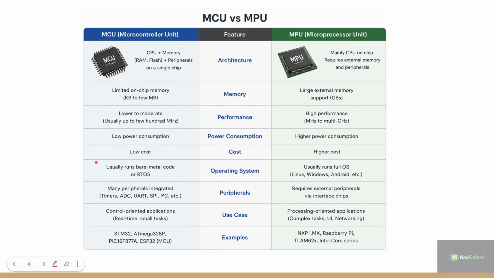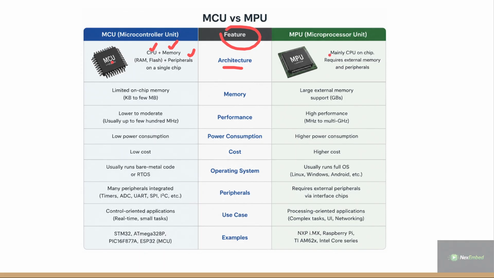Okay. Now I am differentiating microprocessor and microcontroller using some of the features. First we can go with architecture. This is microcontroller. So microcontroller is a single chip. Inside the chip, it consists of CPU, memory, RAM, ROM, flash, peripherals. So all the components will be placed inside a single chip itself.